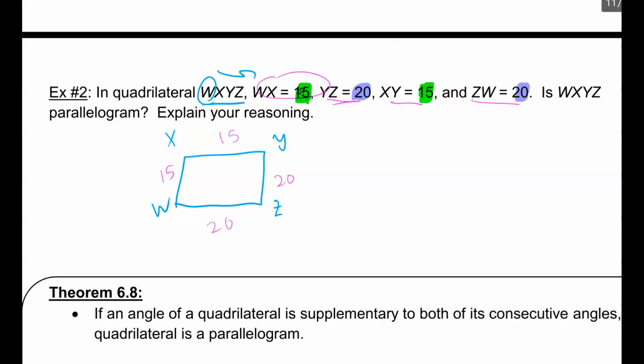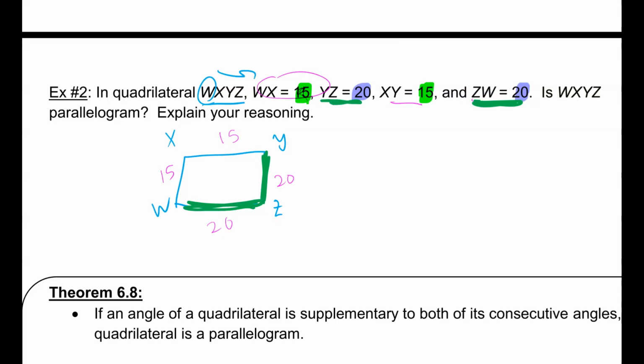Now, we had to label the diagram correctly. So YZ is 20 and ZW is 20. The 2 sides that are congruent are not opposite, they're adjacent, next to each other.